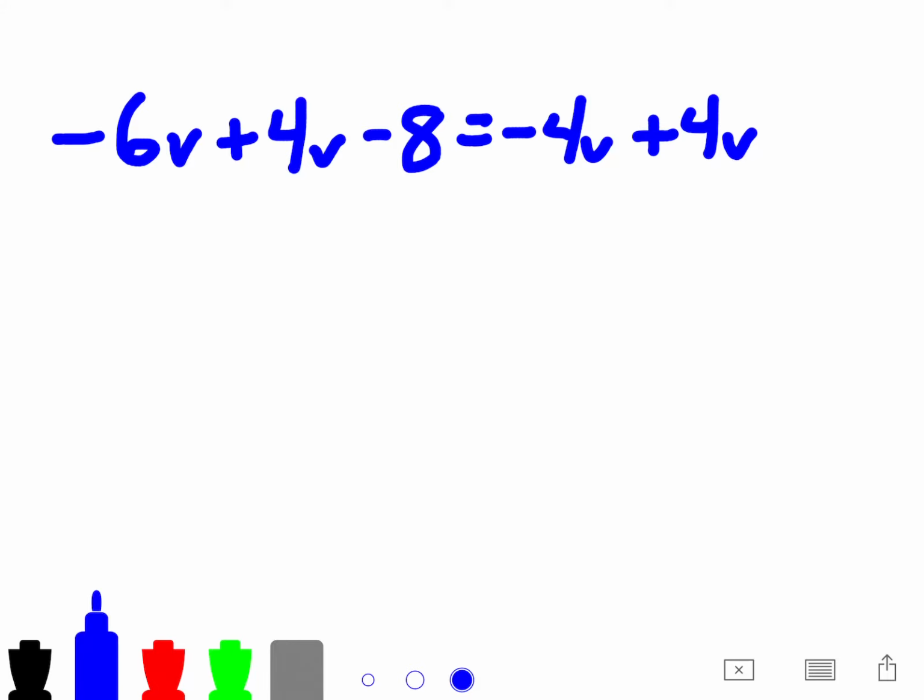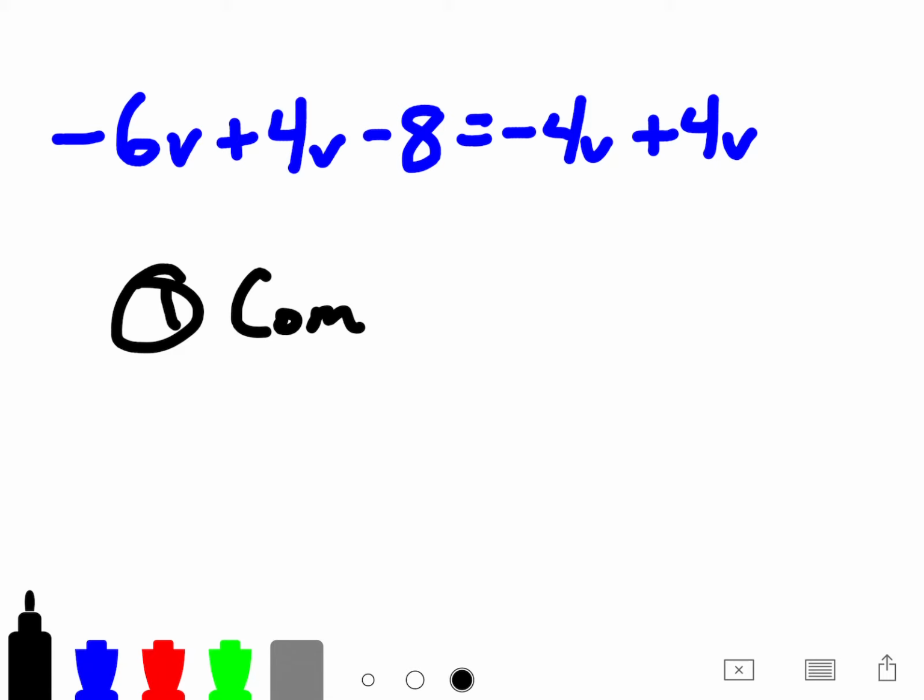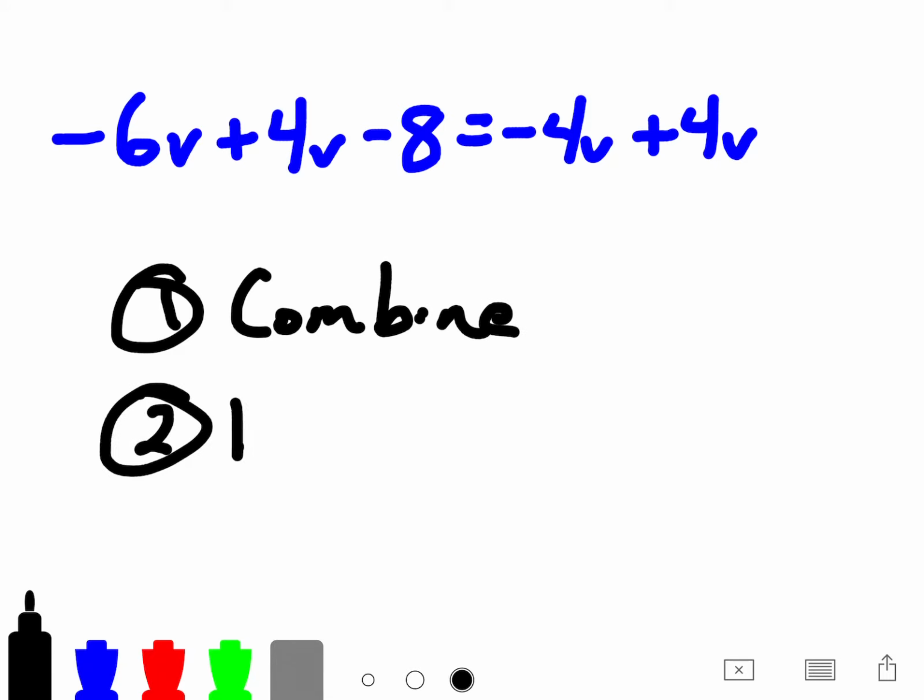What are we going to do? Well, we always want to make things easier, right? If we can, we're going to make things easier. How do we make things easier? Try to combine like terms. If you can either combine things or distribute, that's going to make your life easier.